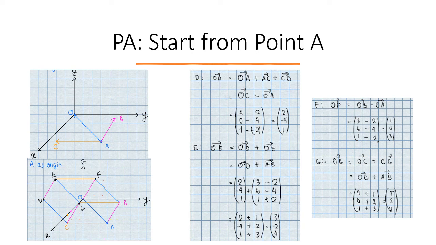Point G is 5, 2, 2. So let's start from the origin. Going on the x-axis by 5 units. 1, 2, 3, 4, 5, somewhere in the middle.